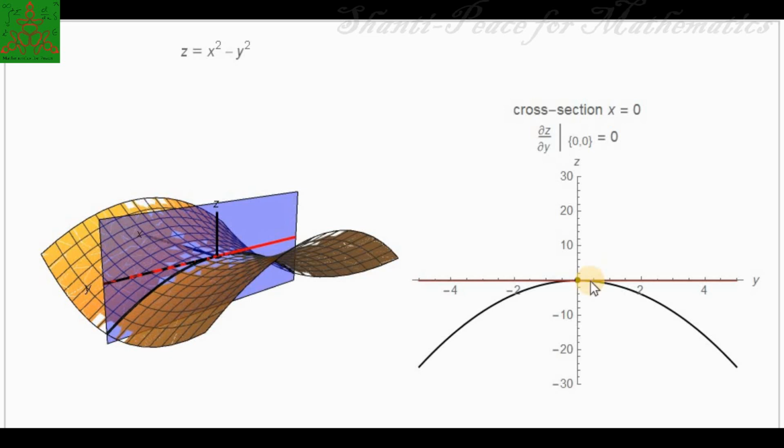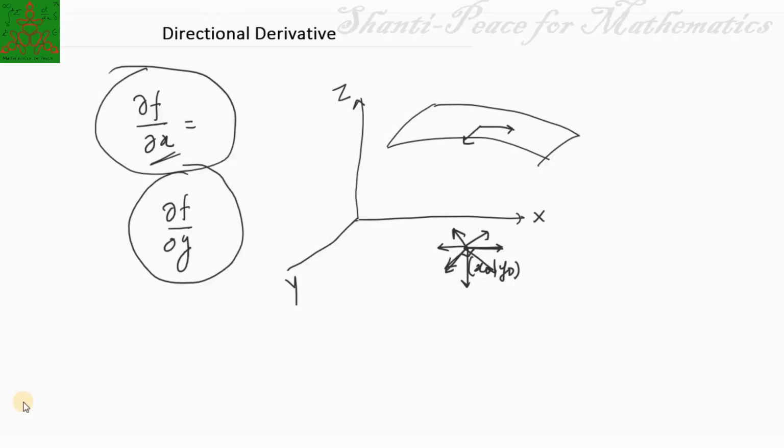So let us study the definition of the directional derivative and what it means. As we talked about partial derivatives with respect to x, suppose now that we wish to compute the instantaneous rate of change of a function f of x, y with respect to the distance from the point x0, y0 in some direction.